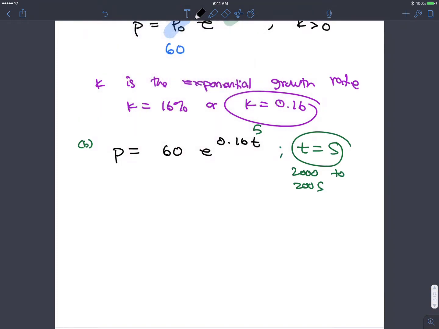So what I'm going to punch in my calculator now is 60 e to the 0.16 times 5. 16% of 5 is going to be 0.8. So 60 times e to the 0.8.